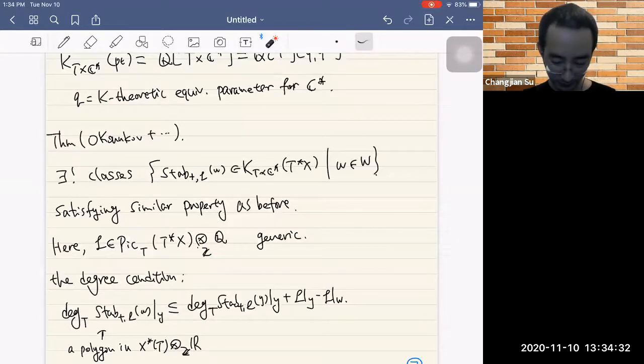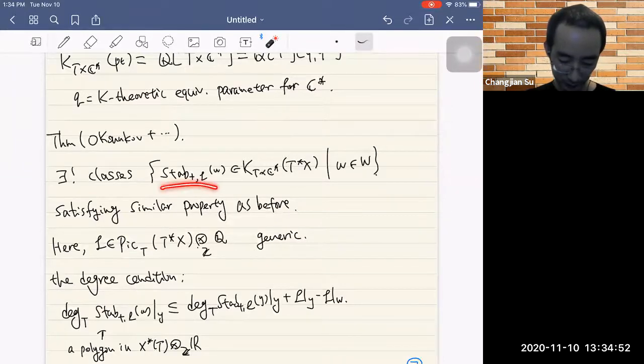We need to pick a generic L, i.e. we need to pick some good rational numbers. Anyway, the theorem says the following.